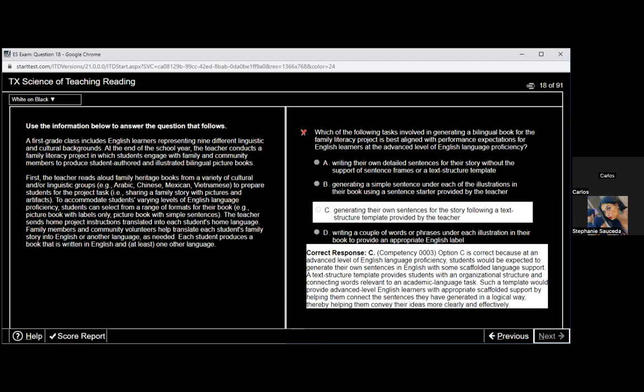And so for this one that you got wrong, right off the bat, I'm seeing we're in first grade. When they tell you that, especially with STR, it matters. We do different things with kindergartners than we do with third graders, right? For science of teaching reading, for all of the levels, kinder, first, second, third, going on fourth, fifth, and even sixth, there's a specific way and a specific task and focus on foundational reading skills, literacy skills at each of those levels, which is why it's so important for an STR teacher to have a solid understanding of those TEKS.